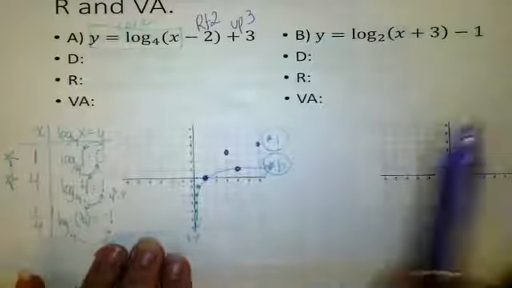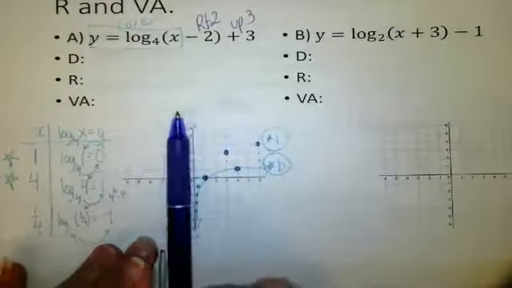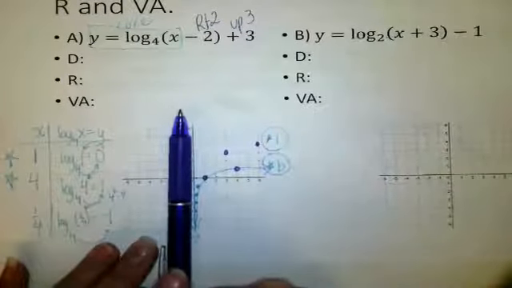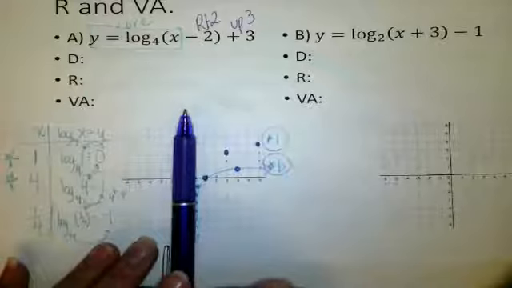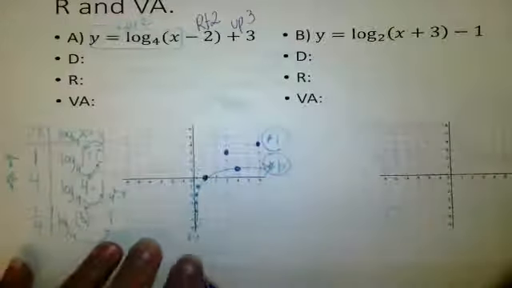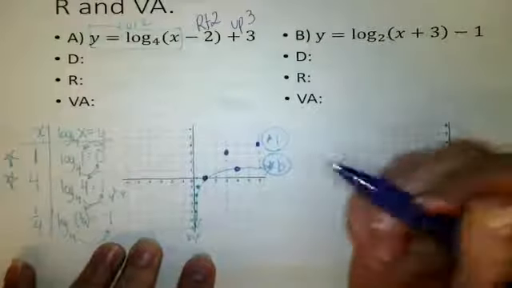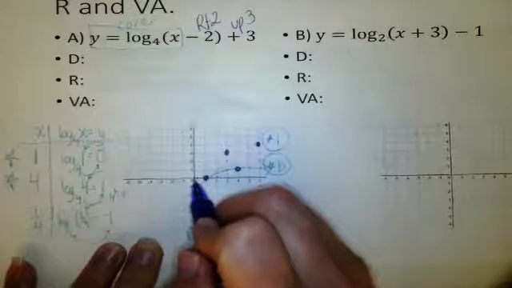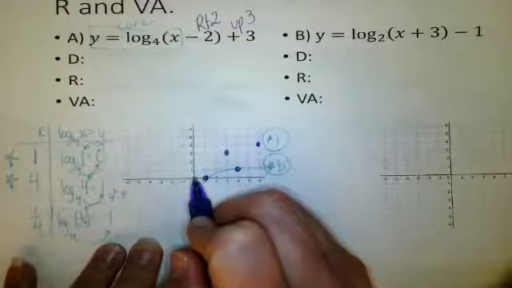Now I have a question for you. This has a vertical asymptote. It had an asymptote right here at 0. And then we had to shift the graph 2 units to the right. Where is my vertical asymptote? Does it stay at 0 or does it move as well? It moves as well.